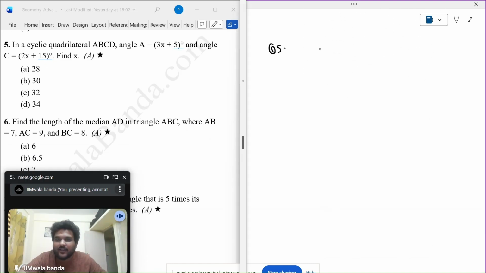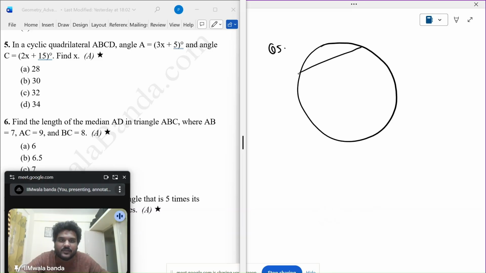A cyclic quadrilateral is given. So this is your cyclic quadrilateral ABCD. Angle A is given and angle C is given. So what is the value of x? So in a cyclic quadrilateral, sum of opposite angles is what, 180 degrees?